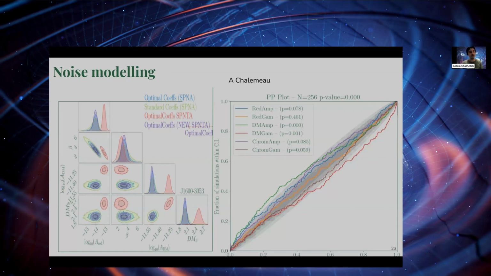The PP plot, on the other hand, is the one we should be looking at, where through simulations, again, we can probe how well our noise models do. And this tells us that regardless of the recovered noise properties, based on the injection, we are almost always consistent with the injected noise properties, except for maybe DM, and this particular plot is limited by the fact that the simulation was mimicking narrowband data, which DM struggles with.